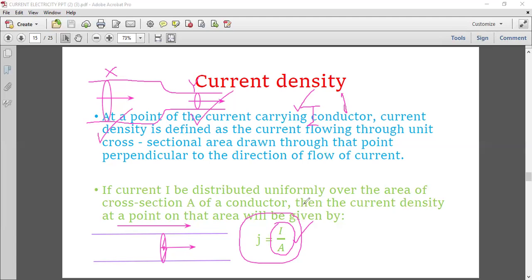It's clear. So it may be different at different points of the cross section, and different at different points of the conductor. And if the current is distributed uniformly over the cross section, it's clear. Here we have assumed that current is distributed uniformly. इसीलिए क्या है?